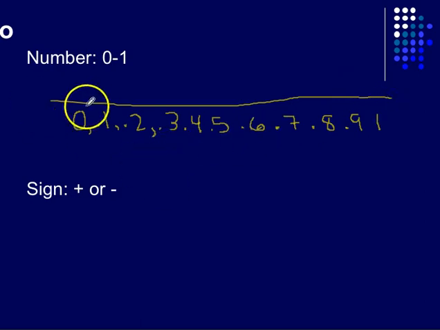So here's your number line: 0 on this end, and all the way up until you get to 1.